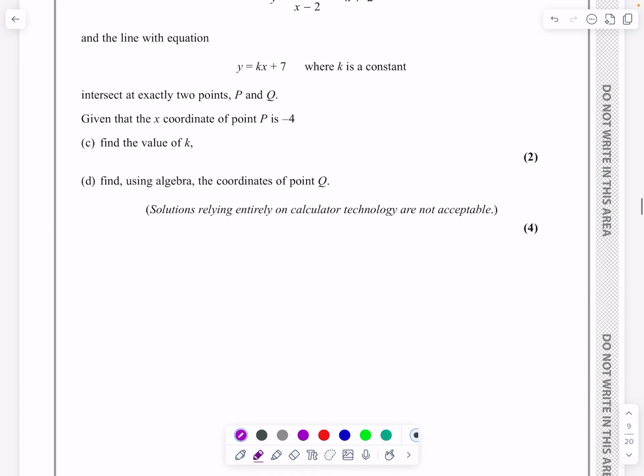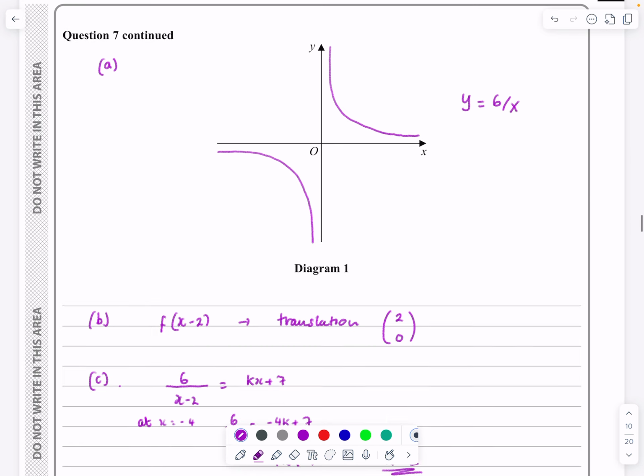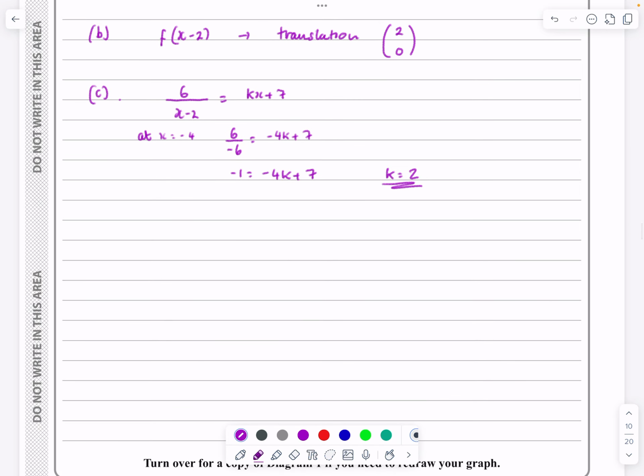Part D says find the coordinates of the point Q, which in other words is solving this equation and working out what the other solution is going to be. So we had 6 over x minus 2 equal to kx plus 7, but I know that k is equal to 2 now, so it's equal to 2x plus 7.